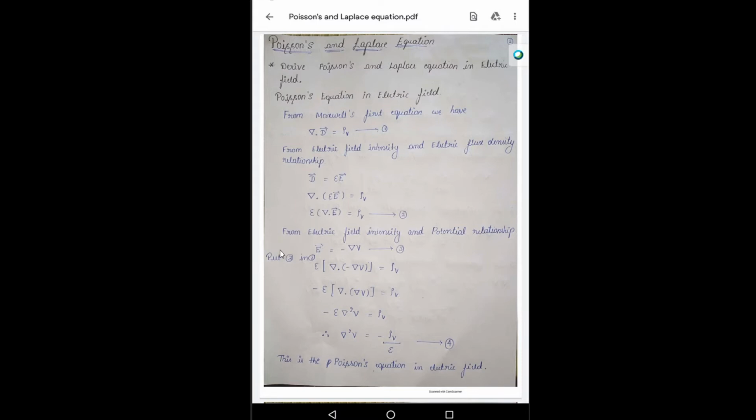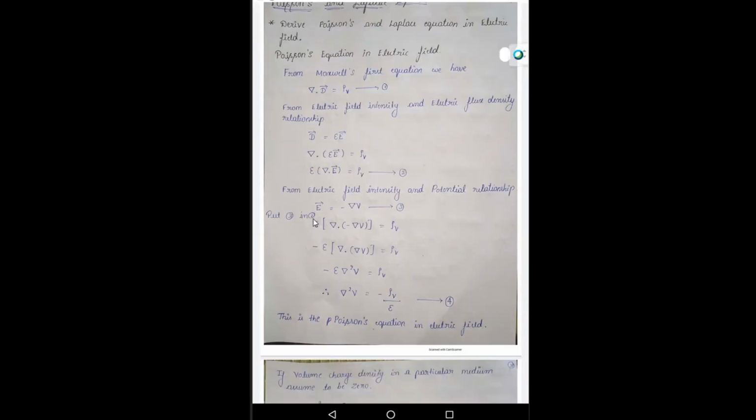Poisson's equation we have from Maxwell's first equation, del dot D is equal to rho V, and D is nothing but epsilon into E. Replace this value in equation 1, so it becomes del dot epsilon E. Epsilon is a constant term, you remove outside the bracket, so it becomes epsilon of del dot E is equal to rho V. And we have arrived at the relation between electric field intensity and potential, that is E is equal to minus del V. So in equation 2, you can replace E by minus del V.